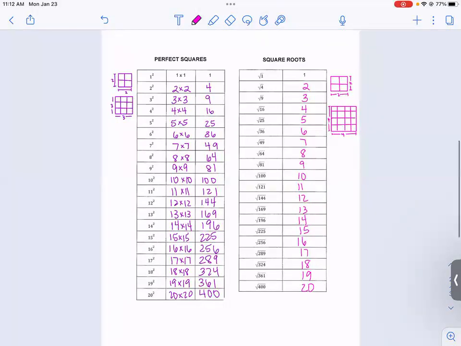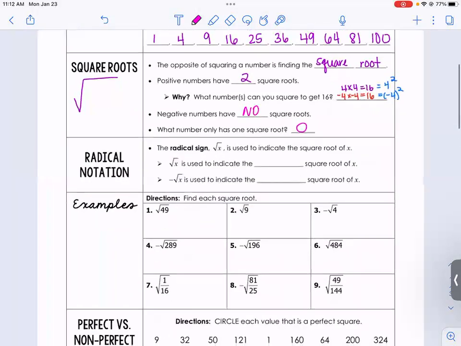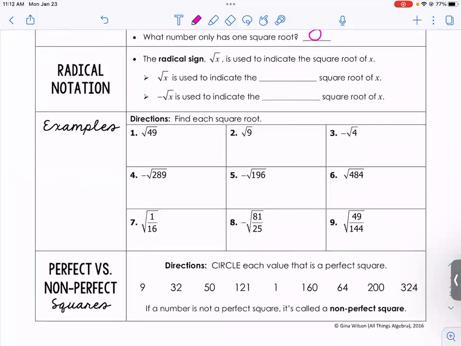A memory class. Okay, so let's come back up to page 1. We could have either just the square root of a number to show our positive root, or we could have a negative square root to show us a negative root.